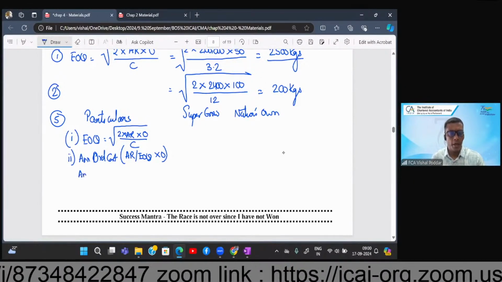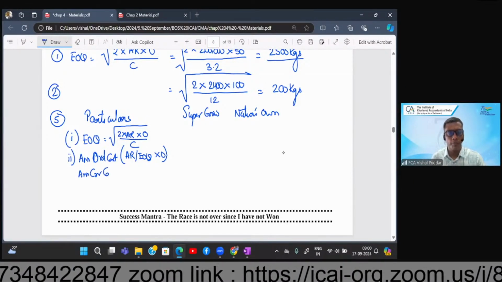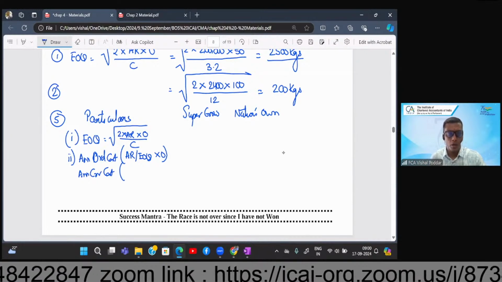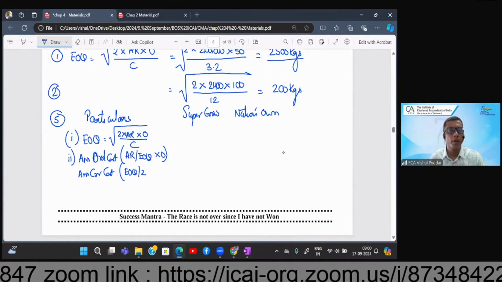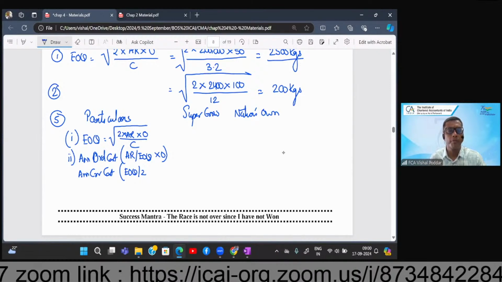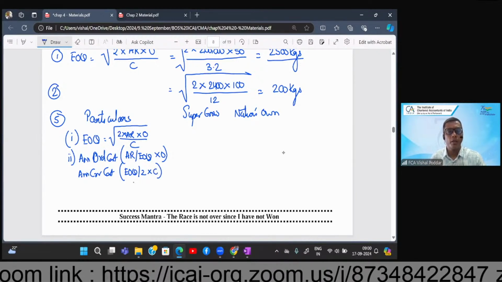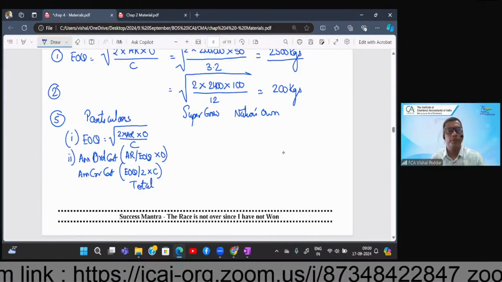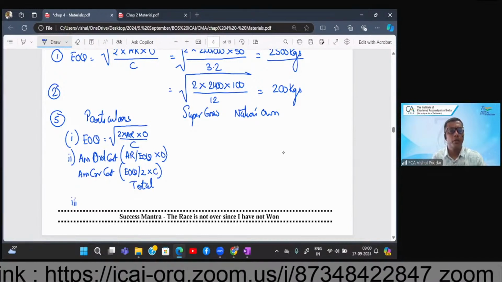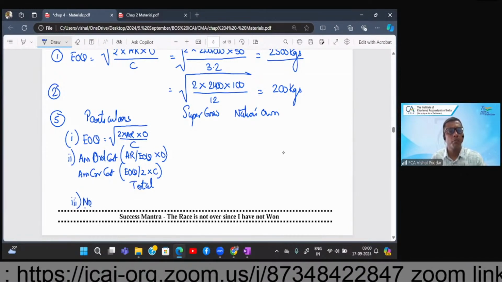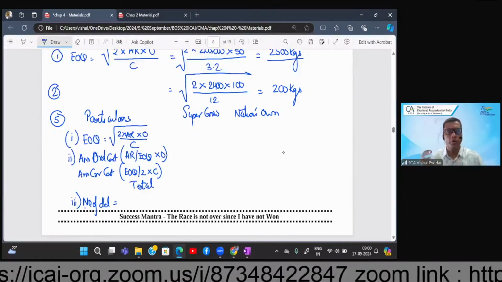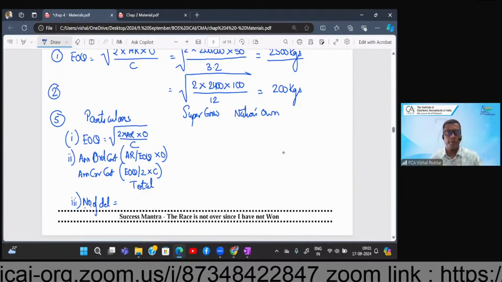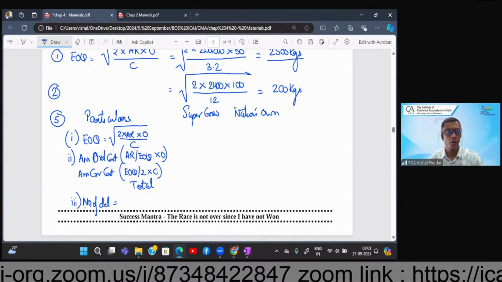And then I need annual carrying cost, which is order size, again over here EOQ upon 2. What is this formula giving you? It is giving you the average stock into C. And then I make a total of this. And then in the third part, I need to find out the number of deliveries. How? You have to figure out. Okay. Start posting answers for EOQ.